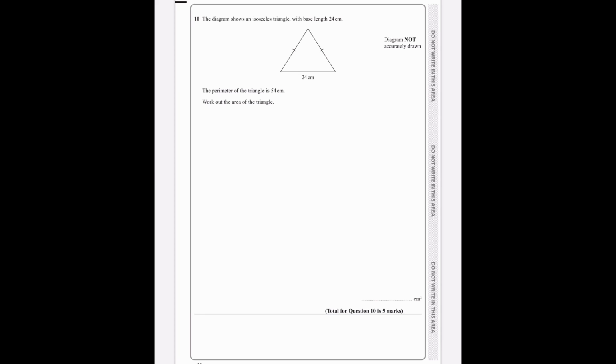For question 10, we've got the isosceles triangle. If I subtract 24 from 54, it gives me the sum of the final two lengths. So I can halve that, which comes out as 15. So each of those two side lengths is 15.